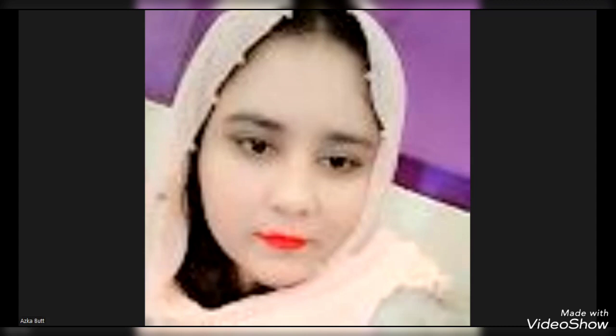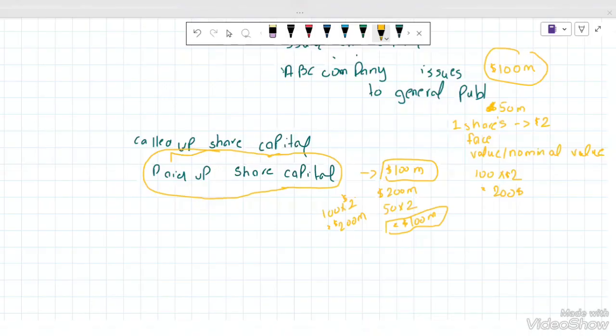Okay, so we were on the topic of called up capital share, paid up capital share, and authorized capital share. I think we have discussed these three concepts in our previous class.